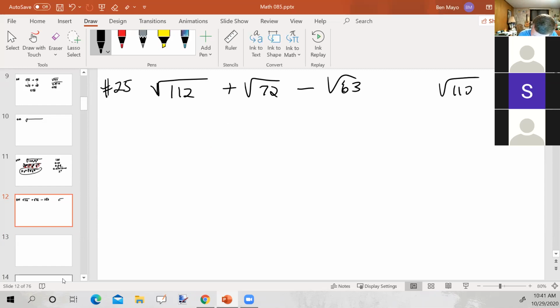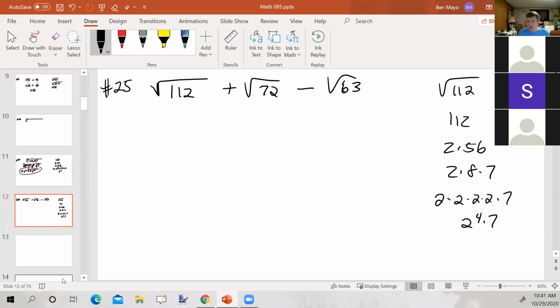Well, the square root of 112, let's see, 112 would be 2 times 56, which is 2 times 8 times 7, which is 2 times 2 times 2 times 2 times 7, which is 2 to the 4th times 7. Now, I know I'm going rather quickly there, but all I'm doing is breaking it down into prime factors so that I can build it back up using exponents.